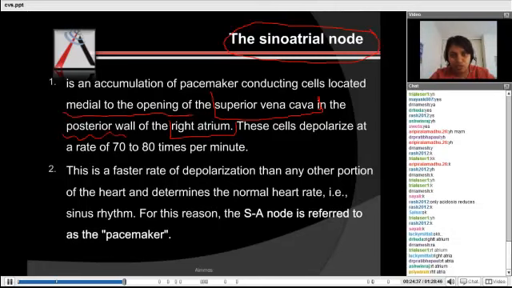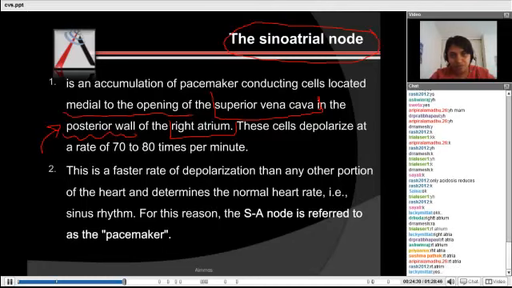Now look at these small points. They are MCQs. Pacemakers are located medial to the opening of the superior vena cava in the posterior wall of the right atrium.